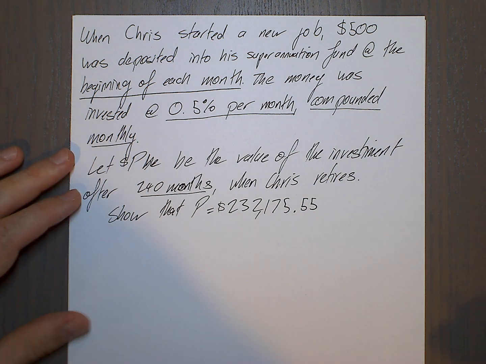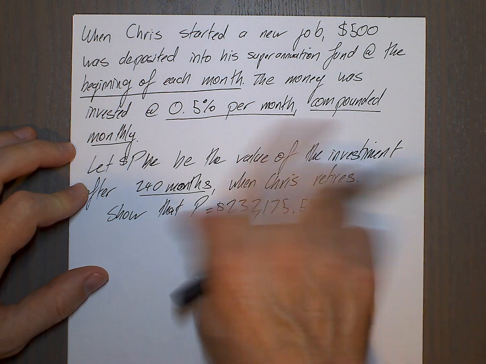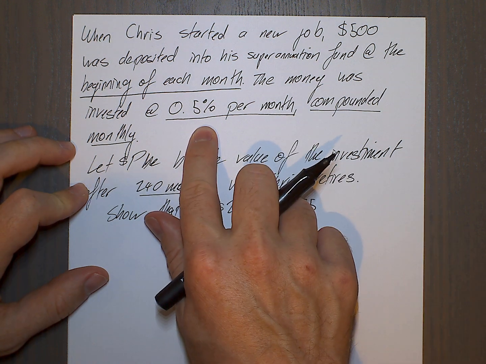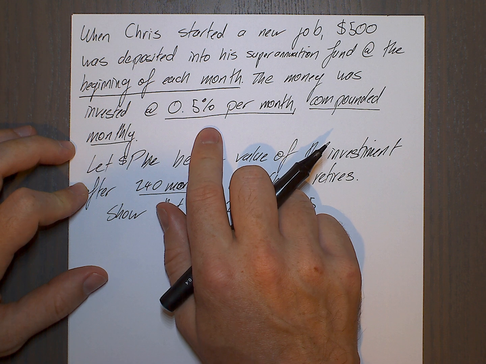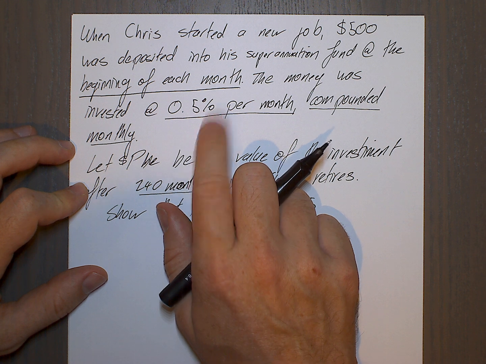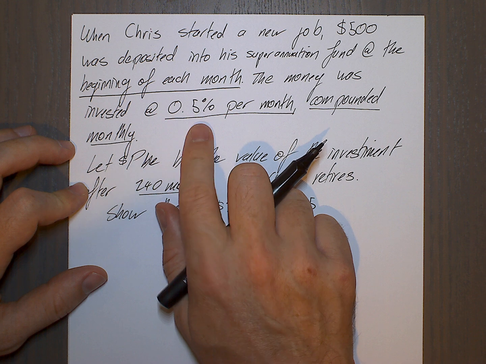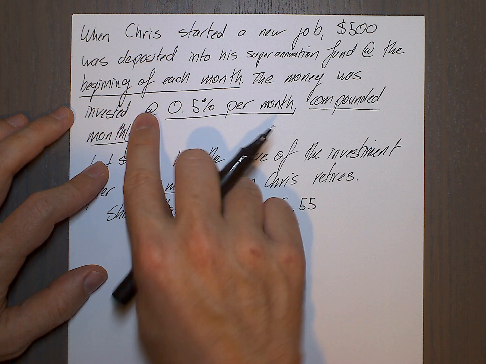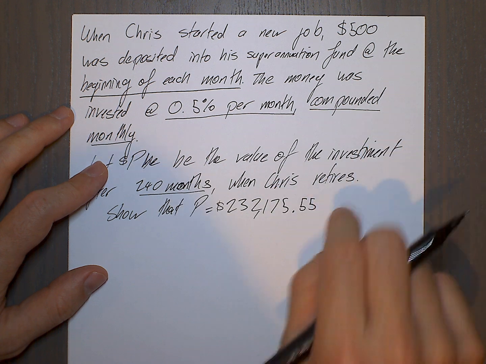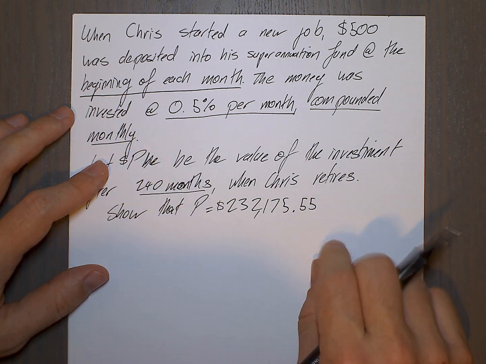Okay, let's do this. Because they've done the work for us here, each month the rate is 0.5%, and we also need to put our 100% on that, so it's going to be 1.005, compounded monthly. They more want us to prove it. They want to see our understanding.